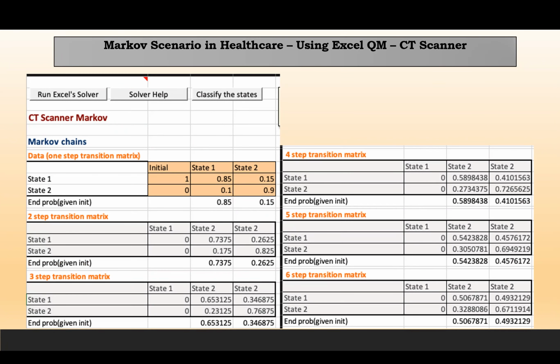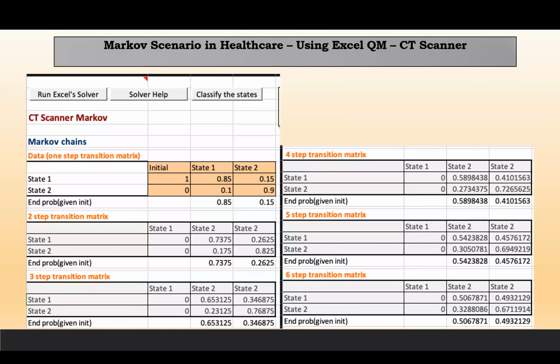I want to give you a little bit of a different example that's also realistic. CT scanners are notorious for going down for extended periods of time. This is the same scenario as far as you've got 2 states, you're going to enter them, but instead of 2 transitions, we did 6 transitions, because I want to know what I'm really looking at 6 months from now. Am I looking at a potential issue or not?